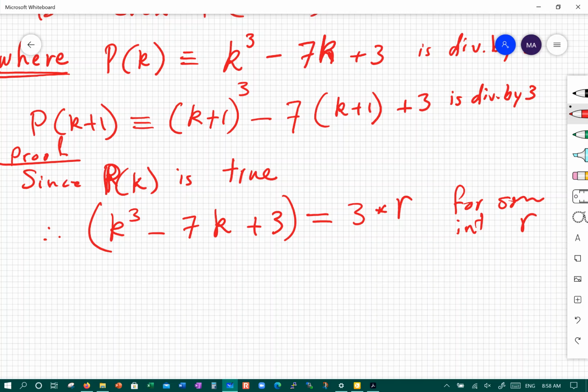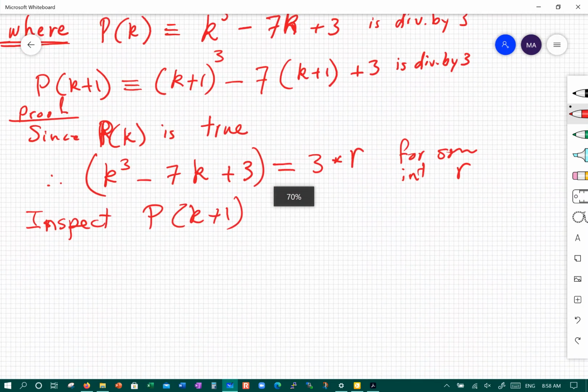Avoid using symbols that you have already used before so that we don't get confused. Don't use n or k here. Okay, so our job is to evaluate or inspect P of k plus 1.